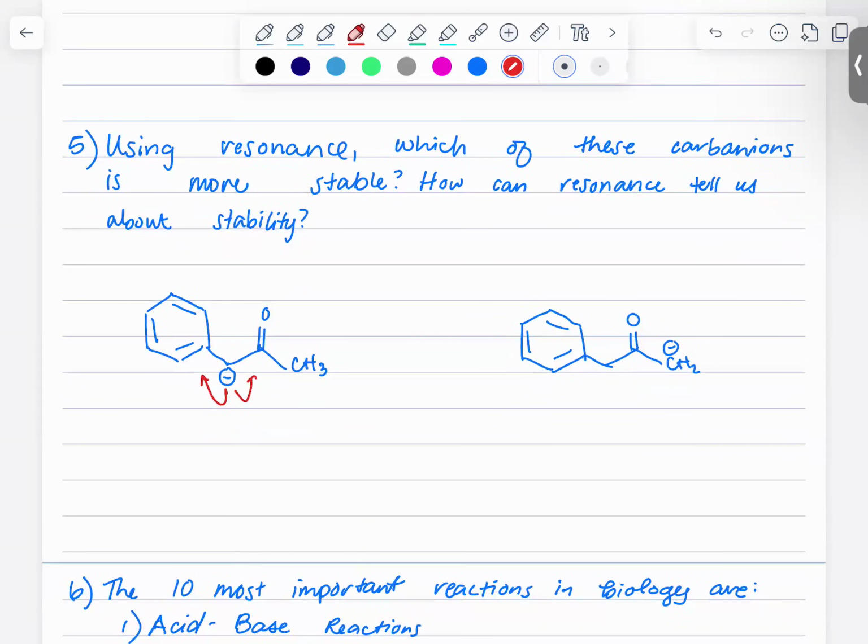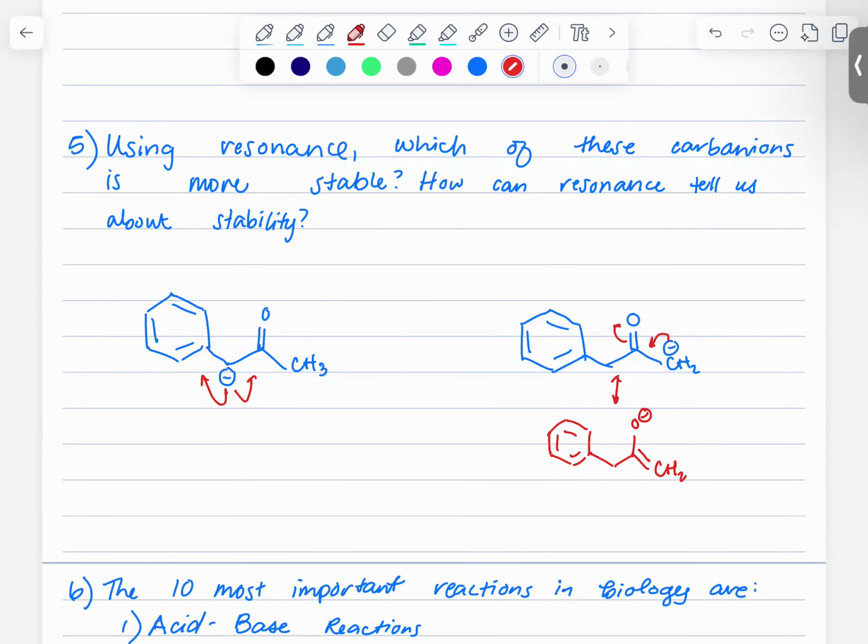So when we're drawing resonance structures, we show the movement of the electrons and we get this new structure.